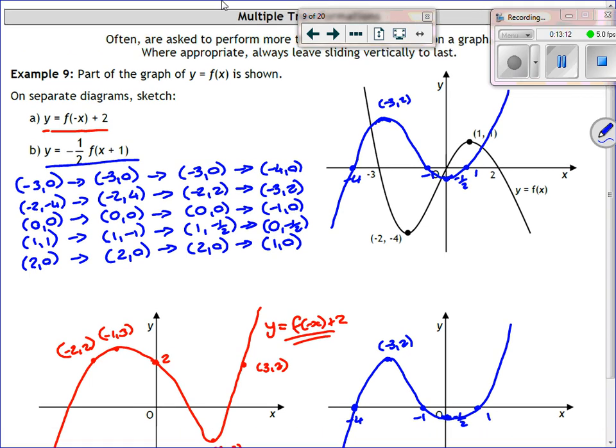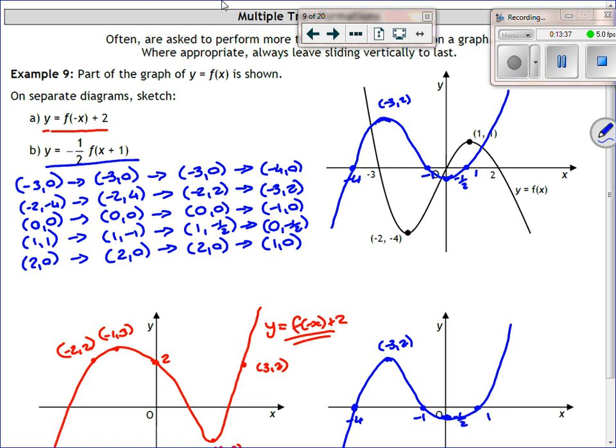And that is all that's to it in terms of graph transformations. As long as you follow the 6 rules that we laid out there, and you remember the key principle: if the number is outside the bracket, it affects the y.